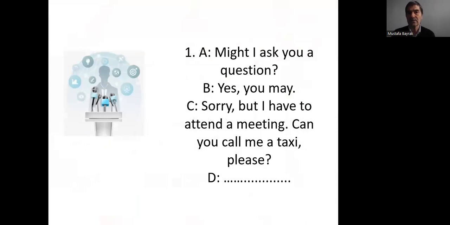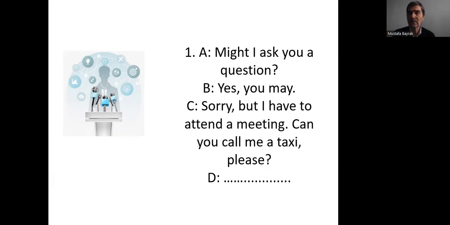Dialogue 1, for example. Might I ask you a question? Although it starts with might, we reply with may. Yes, you may. Or if we refuse that polite request, we say, sorry, but I have to attend a meeting.